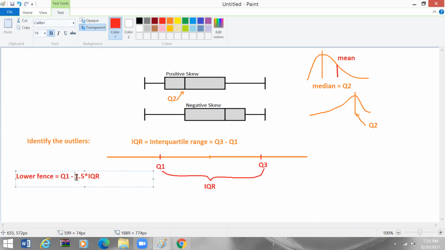Q1 is given, and we know what it is. A lot of you will ask me why it's 1.5, and why not 1, just subtracting the IQR. Because I want to make sure the data is bad enough that we can beat the 1.5 times. The IQR is around 50%, and multiplied by 1.5 we get around 75%.